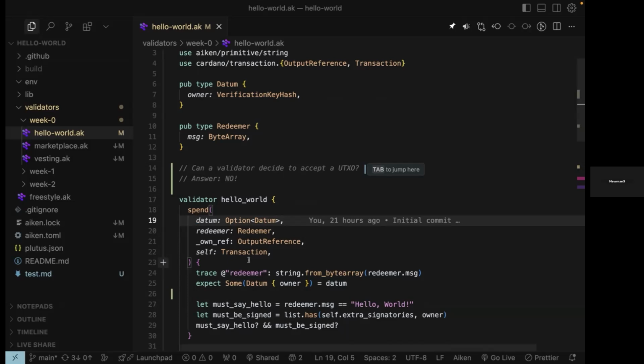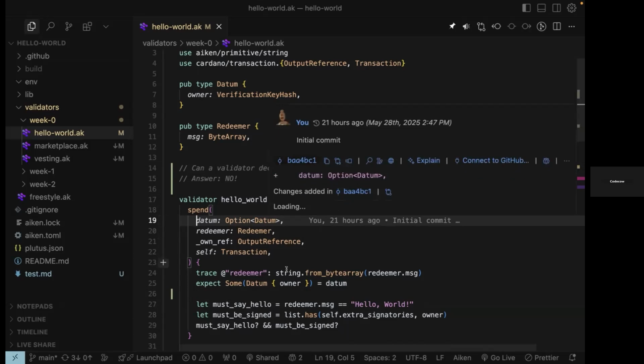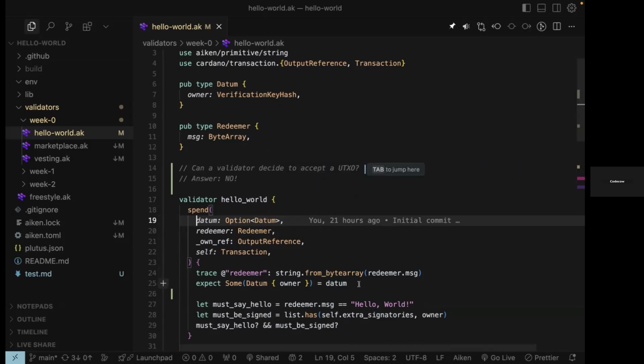JavaScript is the one I've taken the most courses in. This dot is always confusing, it's like a class thing. But anyway, I think of self kind of like this. Yeah, it is a transaction.